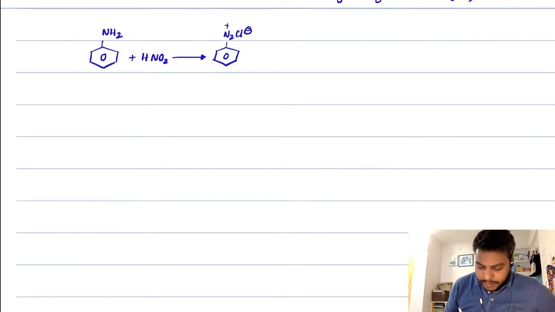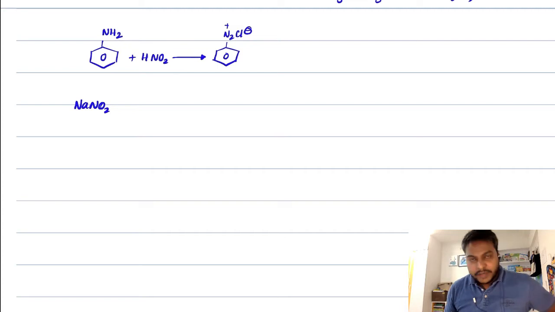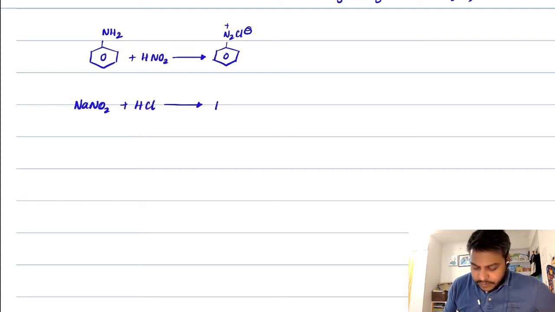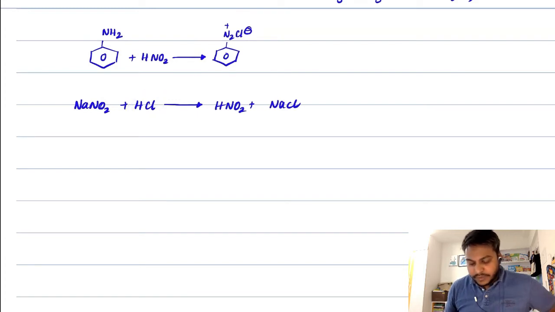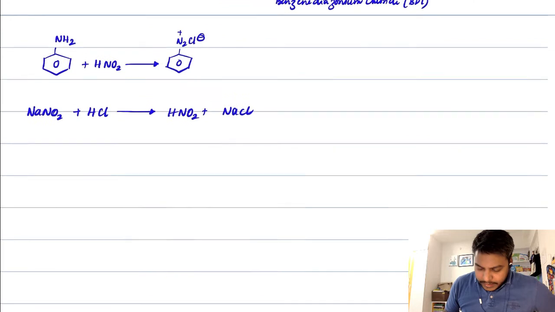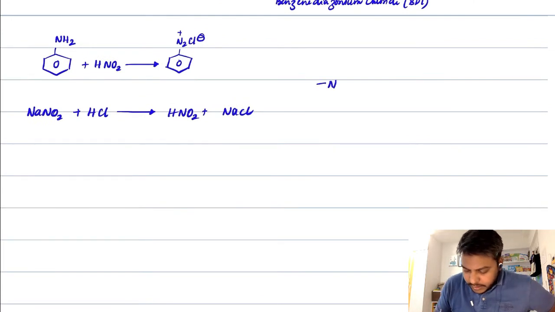Here, first NaNO2, sodium nitrite, is being treated with HCl. So this will give us an acid, HNO2, plus NaCl, and we are taking a sufficient amount of HCl here. HNO2, structure-wise, is N double bond O, OH, correct?